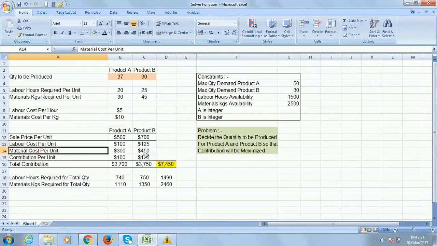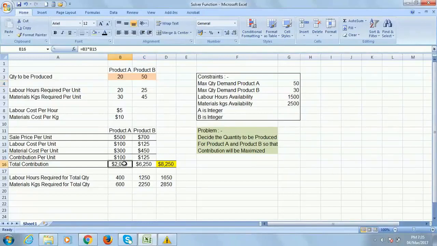In the same way, we can calculate the material cost for product A and product B. So contribution per unit for product A will be 100 and for product B will be 125. If I produce, let me make it 20 units of product A and 50 units of product B, then I can calculate the contribution.